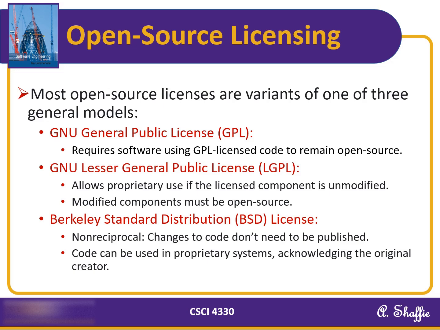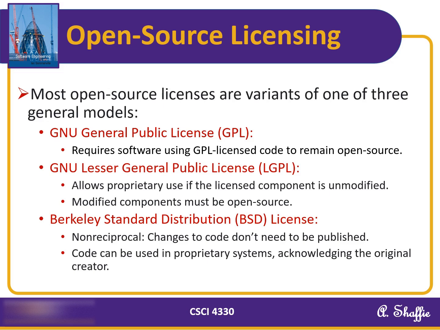Most open source licenses are variants of one of these three models. The GNU General Public License, GPL, mandates that if you use GPL licensed open source software, you must keep your software open source. The second model is the GNU Lesser General Public License, LGPL.